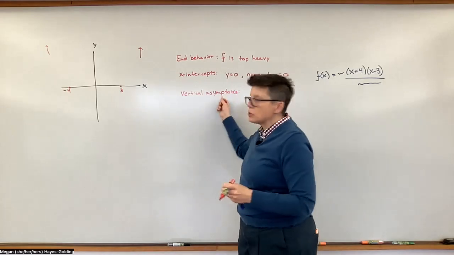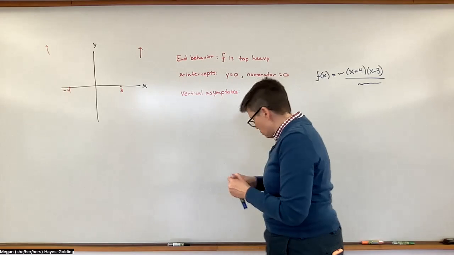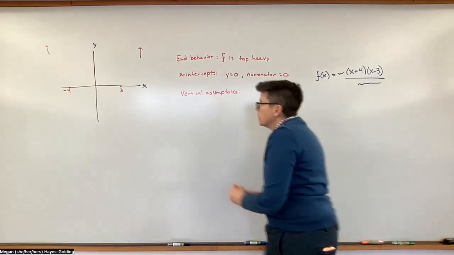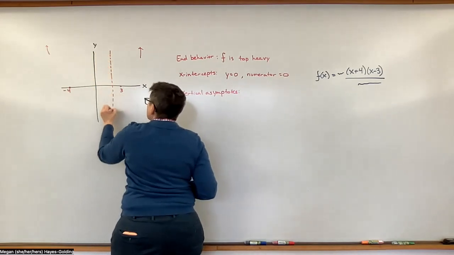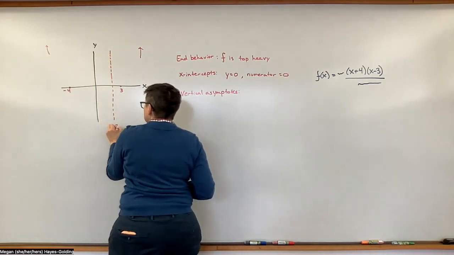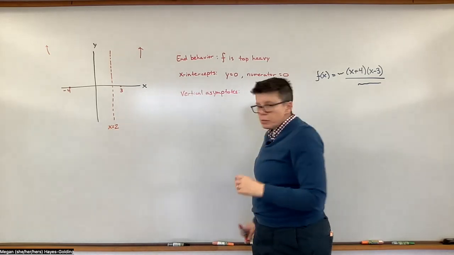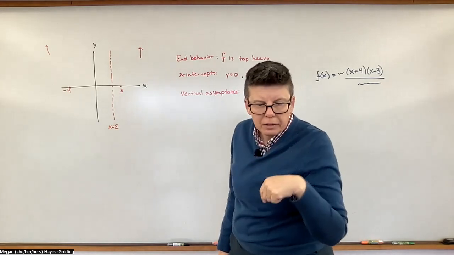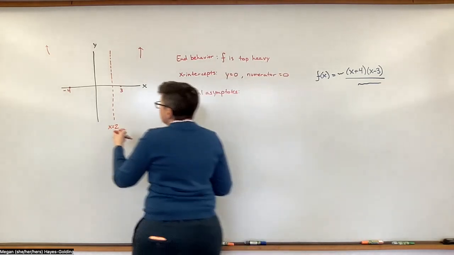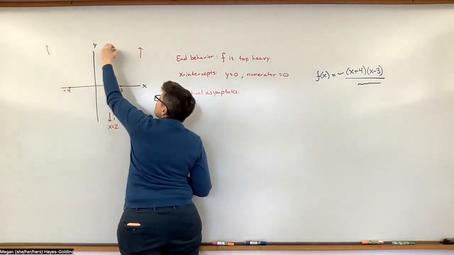So I wrote down that this is describing one vertical asymptote at x equals 2. What did I just say? Negative infinity and then positive infinity. So here, negative infinity. Here, positive infinity.